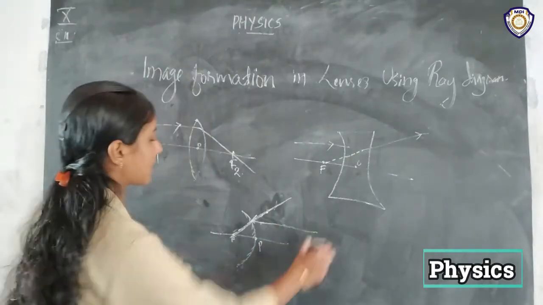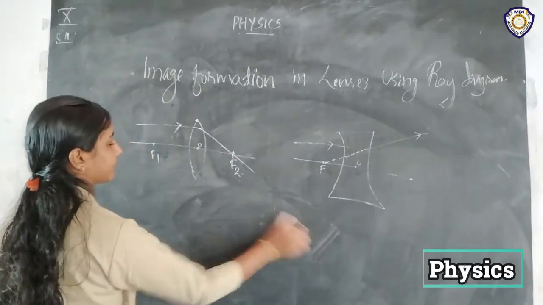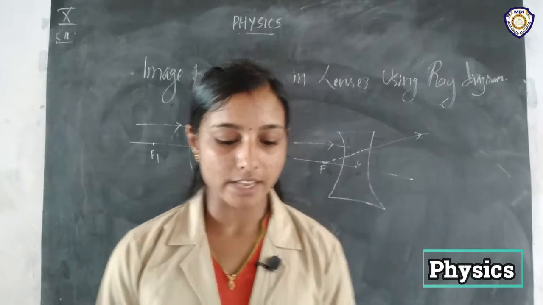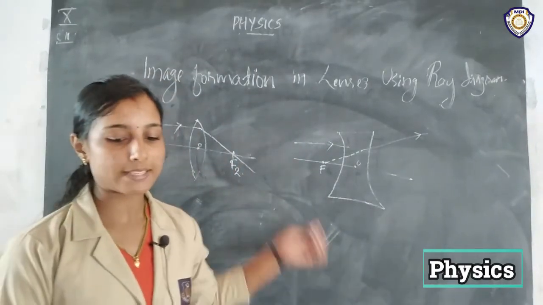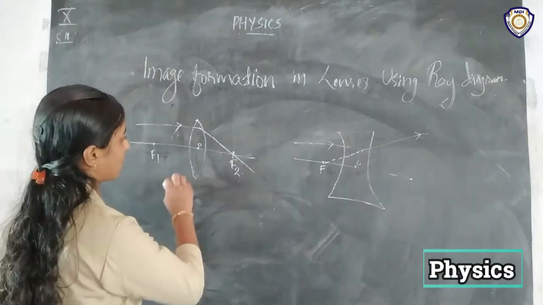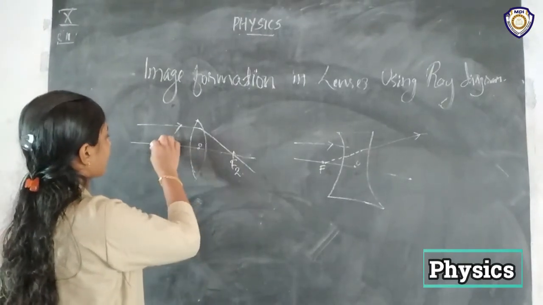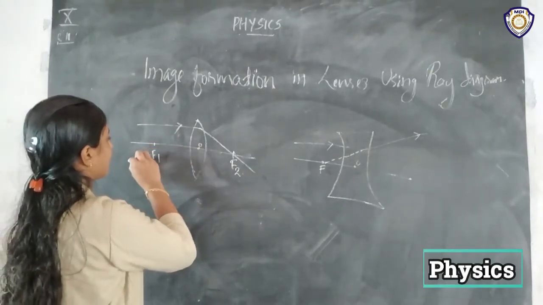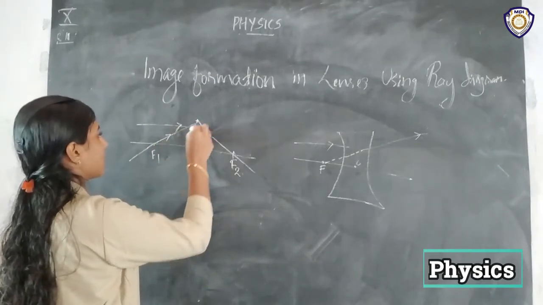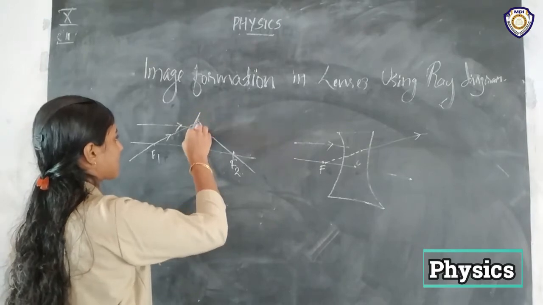In the case of lenses also, a light ray passing through the principal focus, after refraction from the convex lens, emerges parallel to the principal axis. Here, this is F1 and this is the incident ray. We can extend the lens.